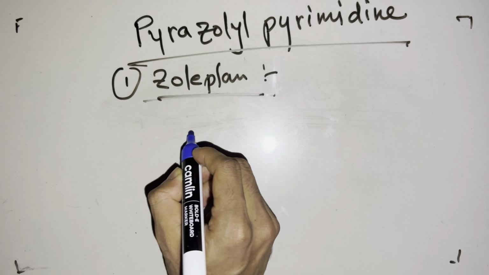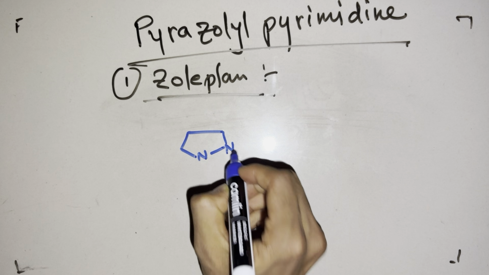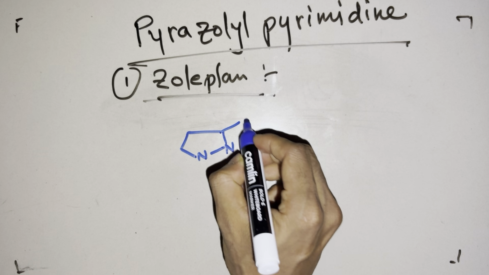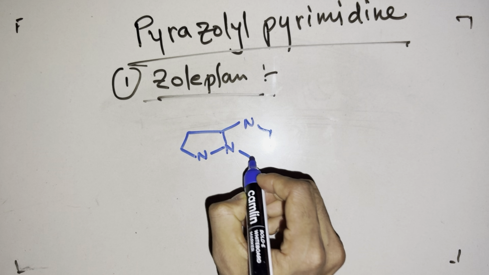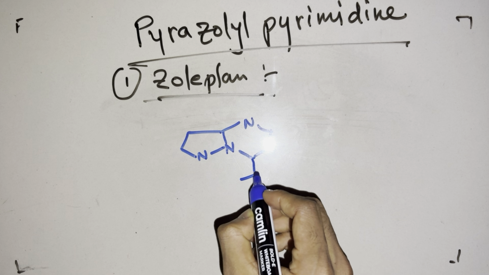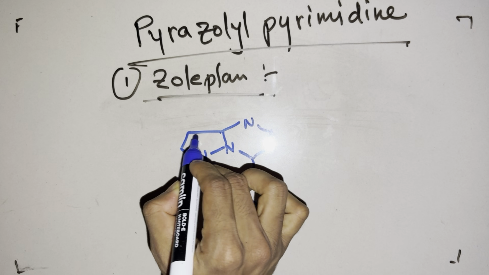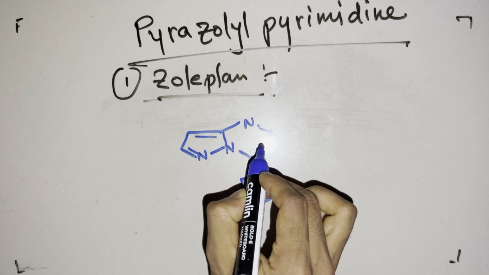The structure is first of all 5-membered, then 6-membered ring, then benzene ring. You have to remember it contains one 5-membered ring and one 6-membered ring.